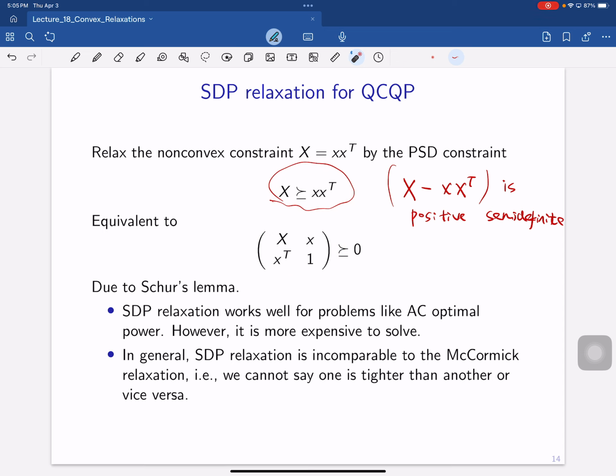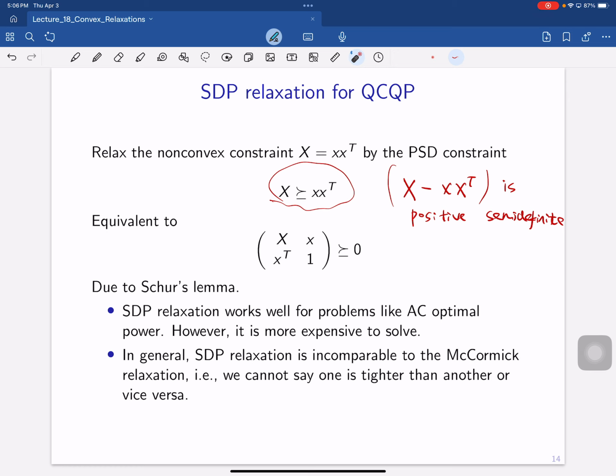So why do we need SDP relaxation? If you try to solve a problem using the SDP relaxation, typically you will find SDP problems are very expensive to solve, although it's a convex problem. Empirically, NP-hard problems are not always more time-consuming than polynomial problems. For example, mixed integer linear programming is NP-hard, but semi-definite programs are polynomially solvable.